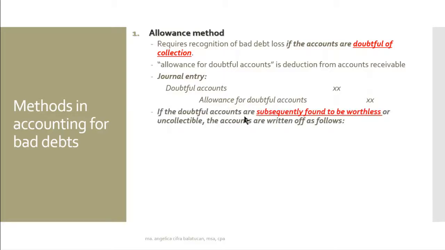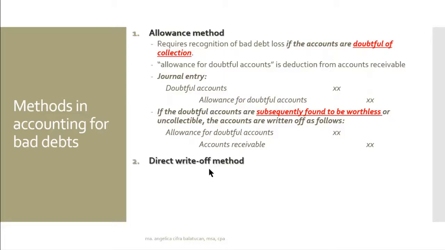If doubtful accounts are subsequently found to be worthless or uncollectible, meaning it is no longer doubtful but really not recoverable anymore, we can no longer collect it. So the entry would be you debit the allowance for doubtful accounts and you credit accounts receivable. In effect, your accounts receivable will be reduced by the worthless account.